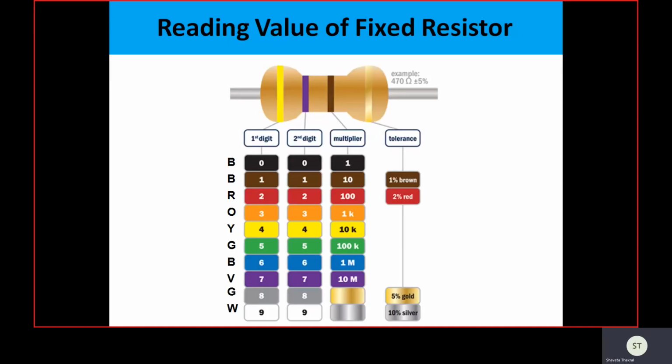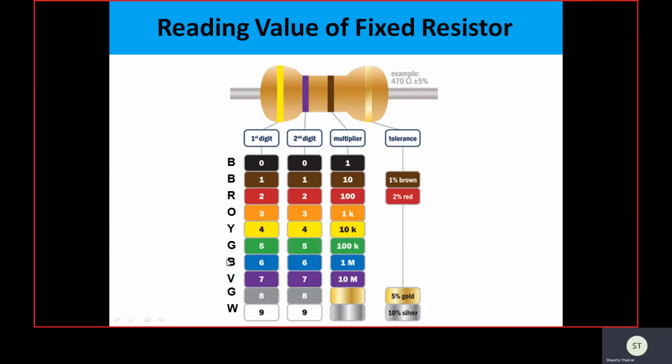So how do we calculate the value of a fixed resistor? That is based on a principle very easy to remember, you must have already gone through this: B.B. Roy of Great Britain have a very good wife.